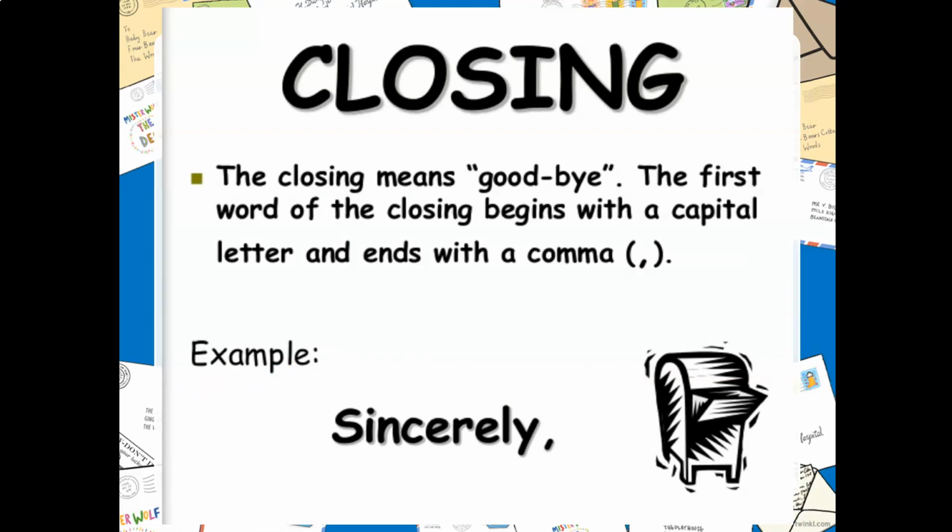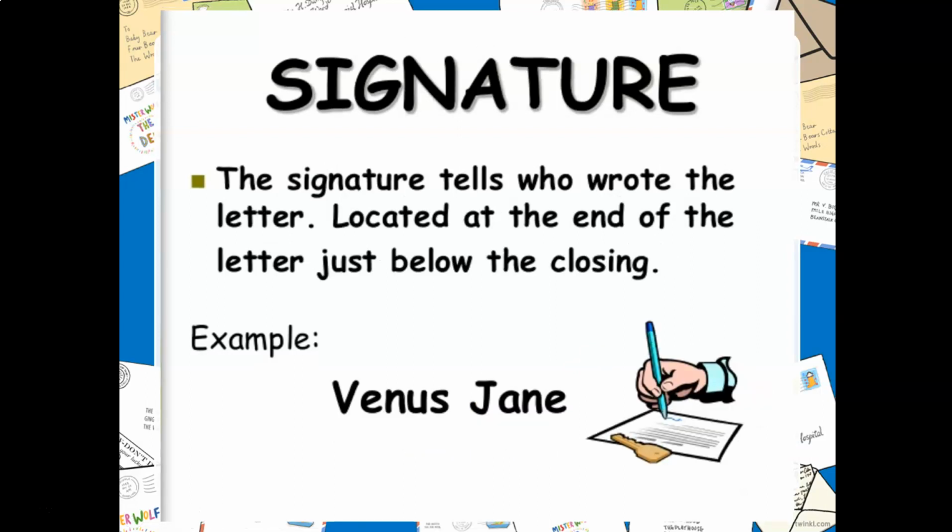The fourth part is called closing. The closing means goodbye. The first word of the closing begins with a capital letter and ends again with a comma. Most of the letter has a closing like sincerely, regards, your friend, and the last one is the signature.